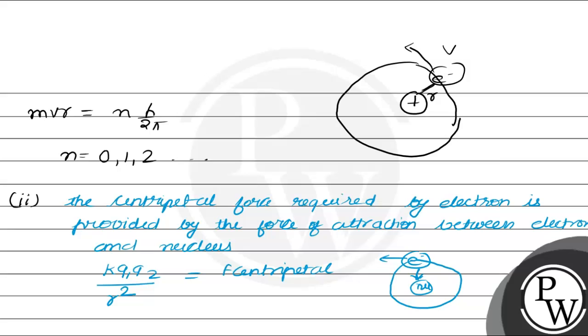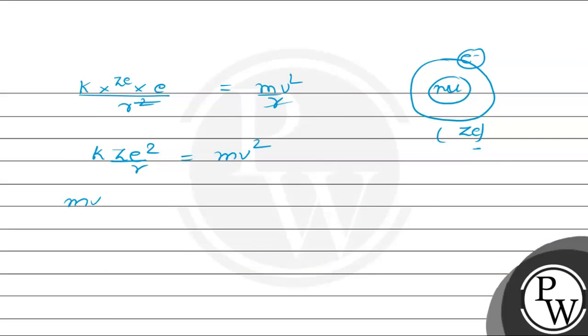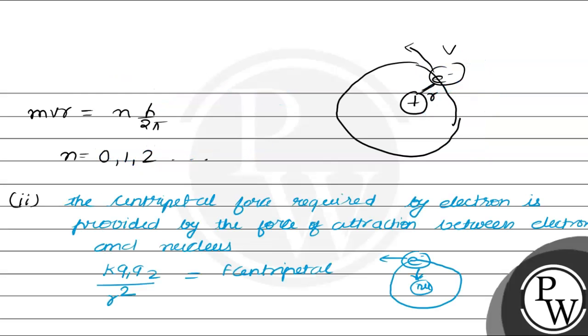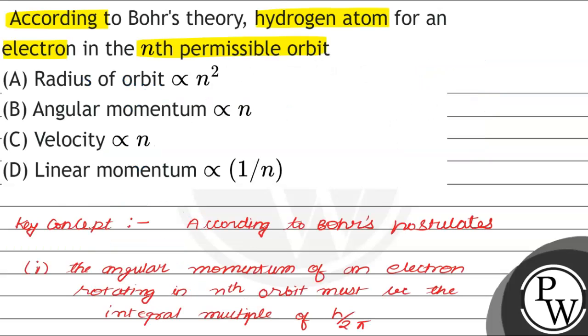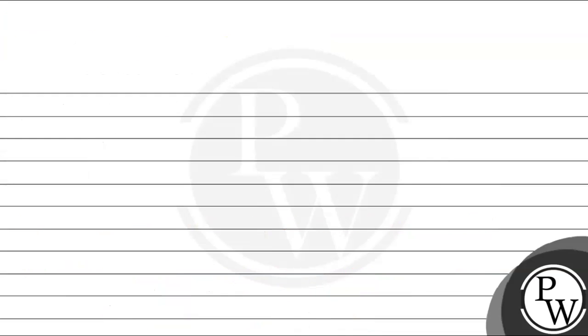And from here, we can derive the expression for v square, using mvr equals nh upon 2 pi. From here, we can write v equals nh upon 2 pi mr, and on squaring we will get n square h square upon 4 pi square m square r square. We are doing all these steps just to obtain the first option, that is the dependence of radius on the nth orbit.